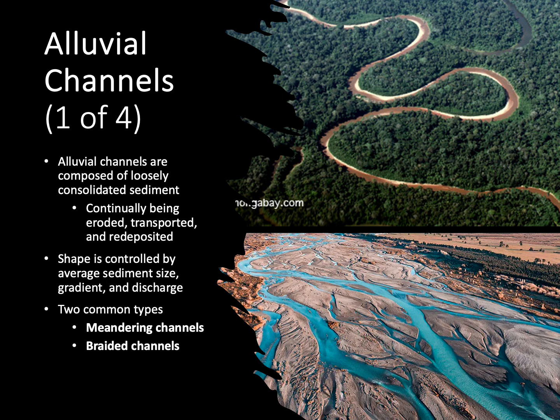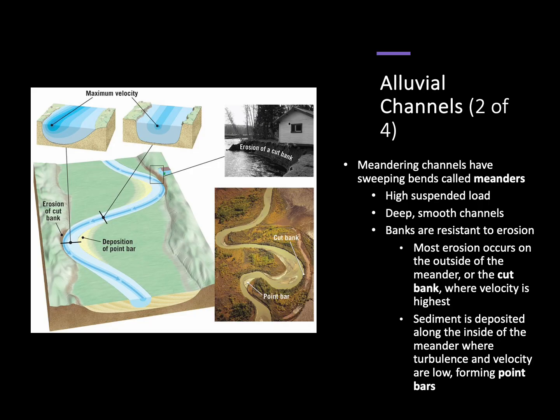And these two common types are called meandering channels. These are going to be ones that curve back and forth like the upper image. And then we're also going to have braided channels that remind me of braiding hair, which we see at the bottom image.